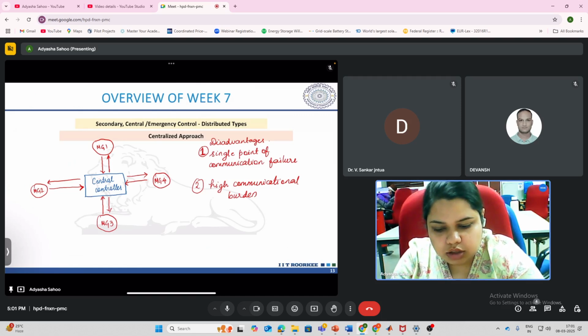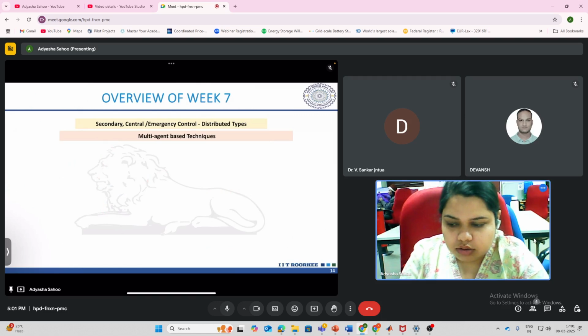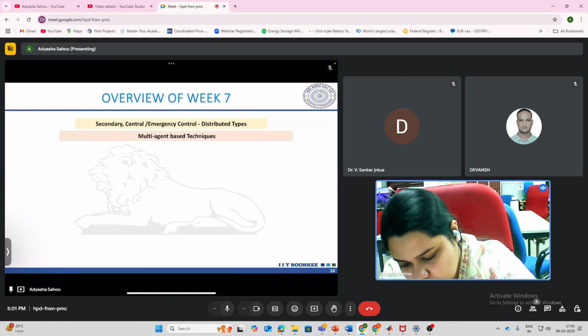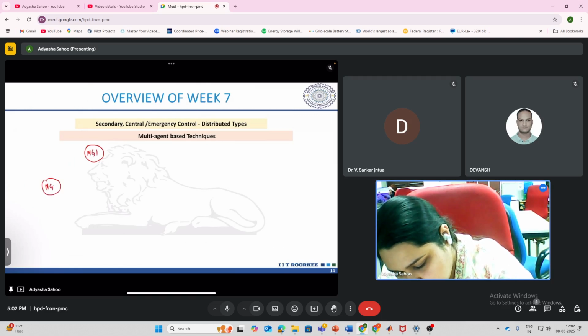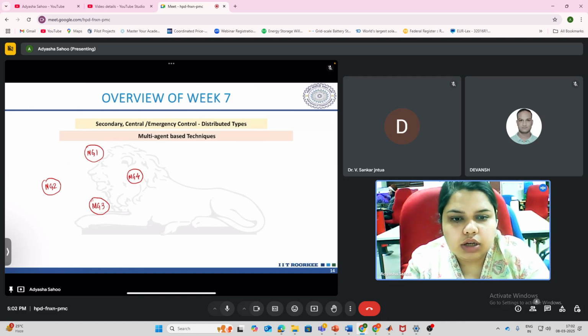So to reduce this communication burden and the dependency on the communication rounds, the first thing that we have is multi-agent based techniques. So instead of communicating to the central station, they will communicate with their neighbors.